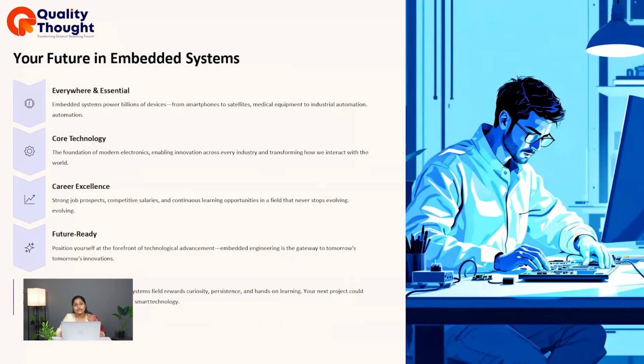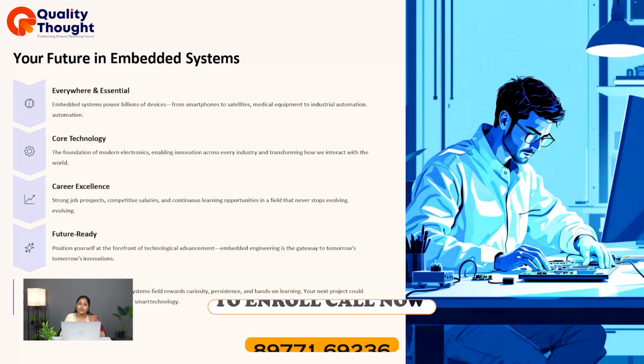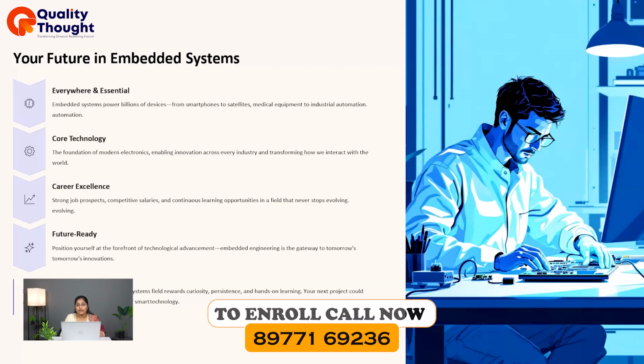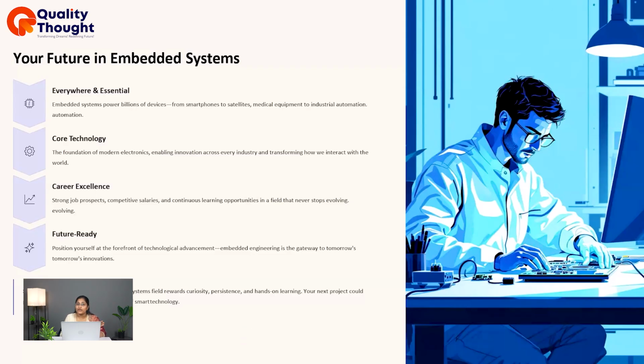If you are not consistent enough, and it is 50-50, I will say a big no. Coming to core technology, the foundation should be very good: electronic devices and electronic circuits, from what you learned in your BTech across 20 or 30 subjects. I am not saying you have to be a pro in all 30 subjects, but some subjects, like MPMC, microprocessor and microcontroller, digital electronics, and analog electronics, you have to be a pro in.